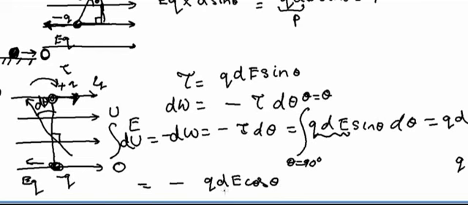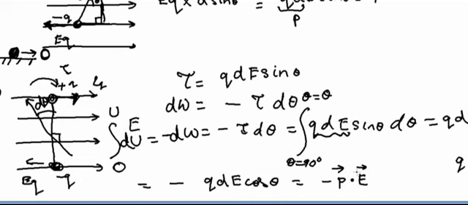Now, again, qd can be written as the p vector and E can be written as the E vector, and we know that whenever two vectors are multiplied with a cos component on them, they must be dot products.